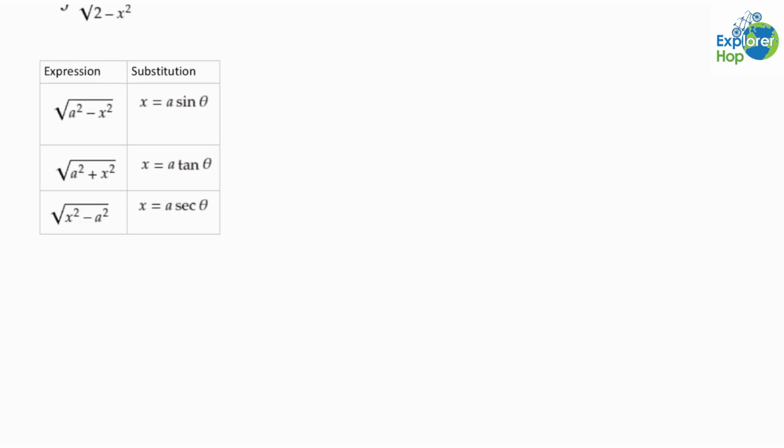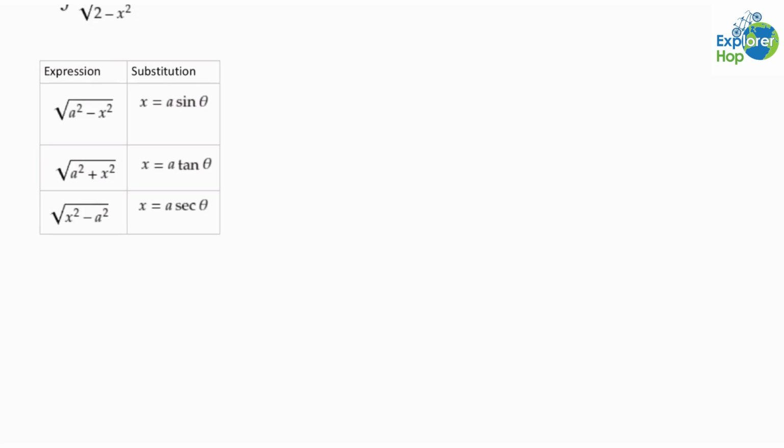And just to summarize, here is a table showing different expressions and their corresponding trig substitution. From this table, if you see the expression square root of a squared minus x squared, then the substitution you should make is x equals a sine of theta.